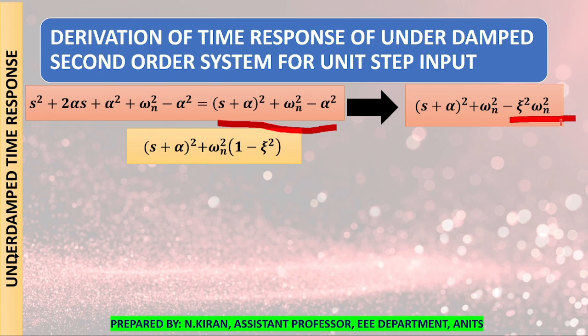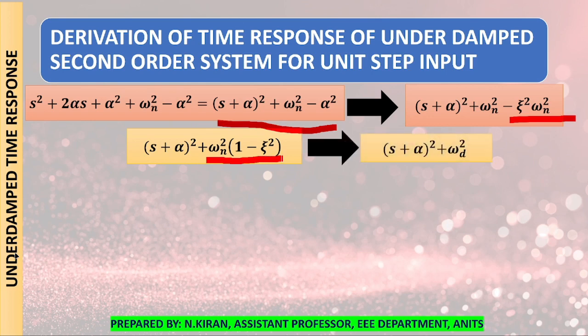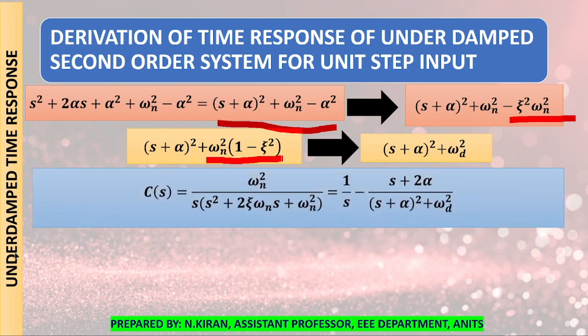But omega n square into 1 minus zeta square is nothing but omega d square, which we had seen earlier. So that will give me the expression of C(s) as 1 by s minus s plus 2 alpha divided by s plus alpha whole square plus omega d square.